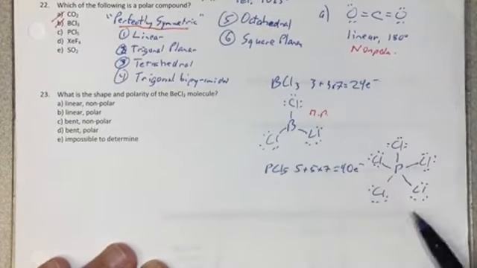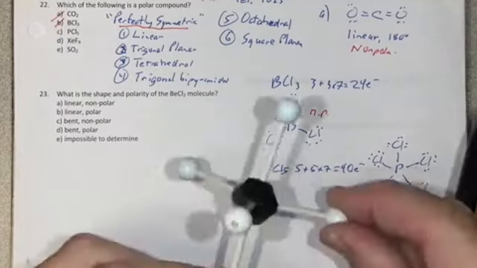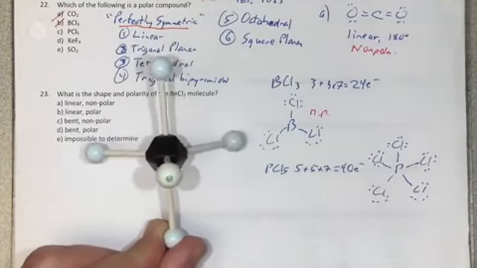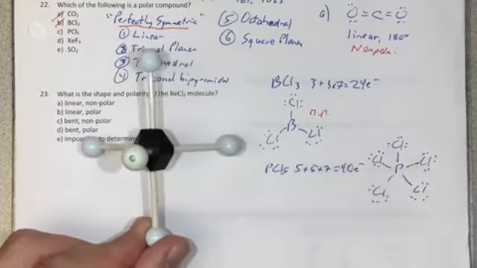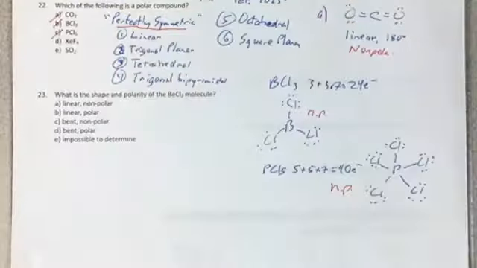That's all 40 electrons. The central atom has at least an octet. We're done. How many groups of electrons are around the central atom? There are 5 groups of electrons, and there are no non-bonding pairs, so this is a trigonal bipyramidal shape, which is perfectly symmetric. This is also nonpolar, so it's not choice C.